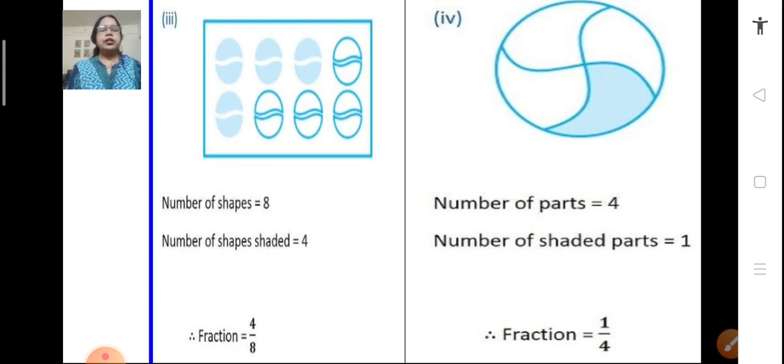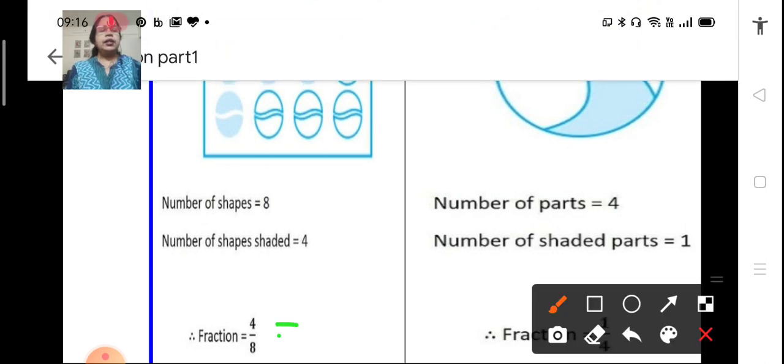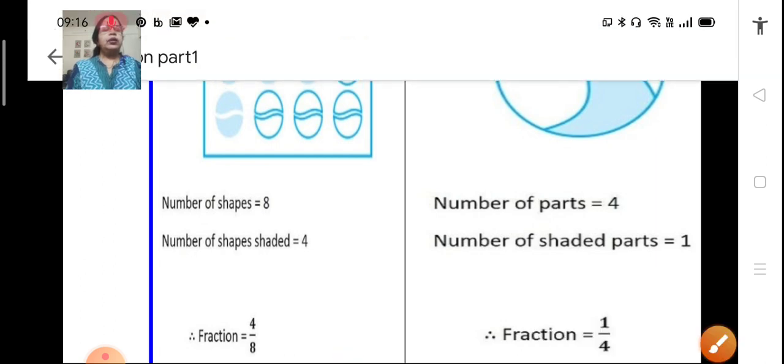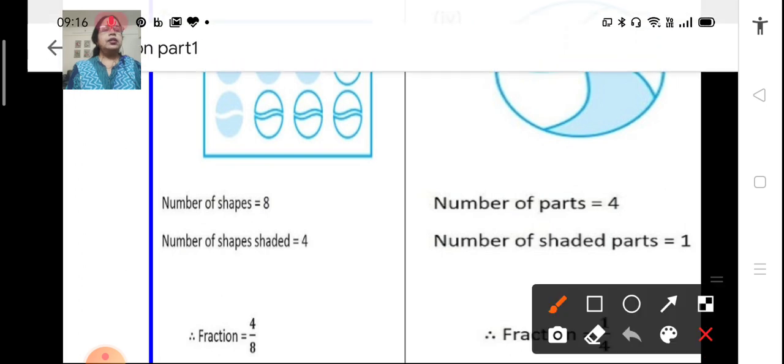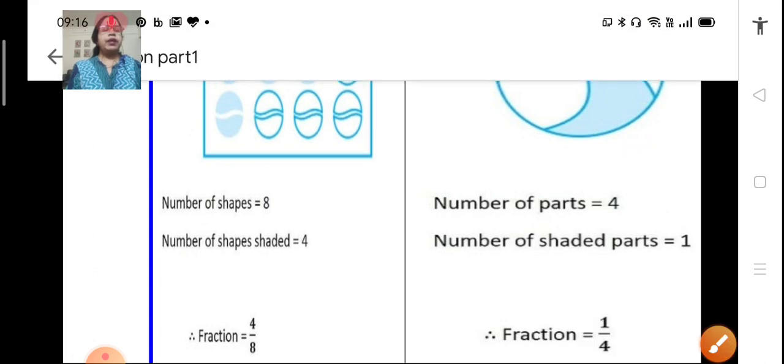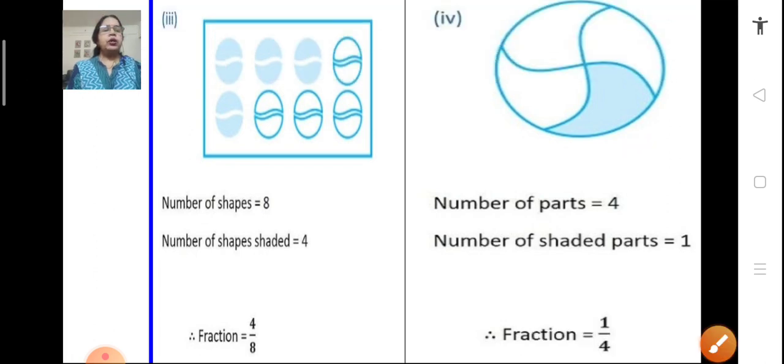So what is the fraction? It is 4 upon 8, or it can be taken as 1 upon 2. Now in the fourth one, the ball is divided into 4 parts. Number of shaded parts is 1. So what is the fraction? It is 1 upon 4.